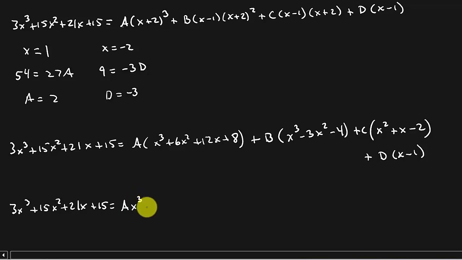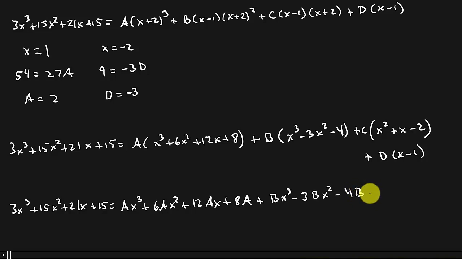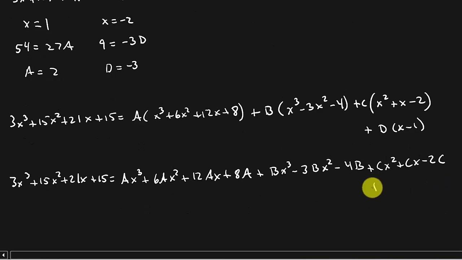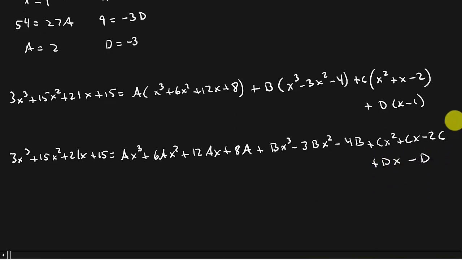So that's going to be ax cubed plus 6ax squared plus 12ax plus 8a plus bx cubed minus 3bx squared minus 4b plus cx squared plus cx minus 2c plus dx minus d.